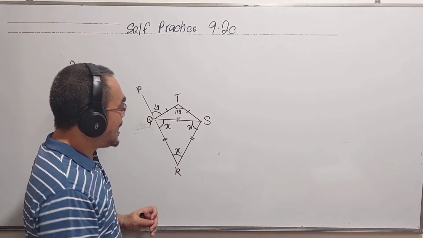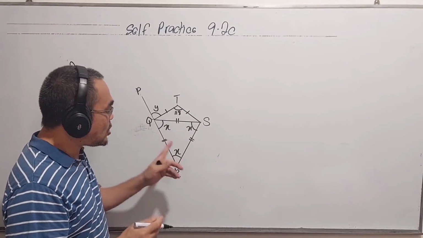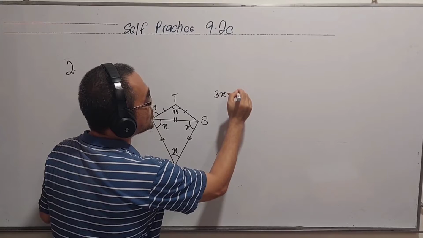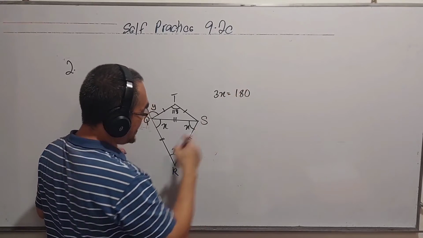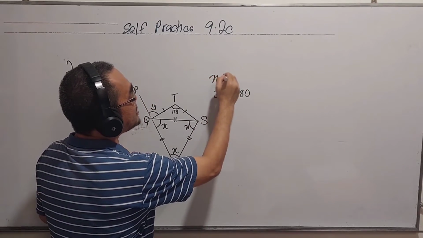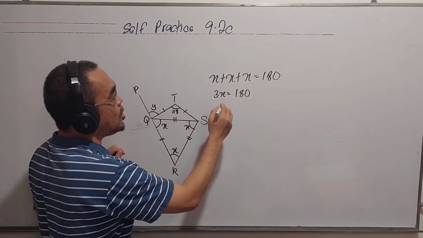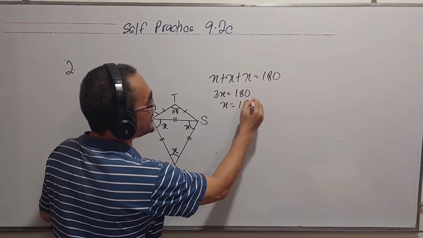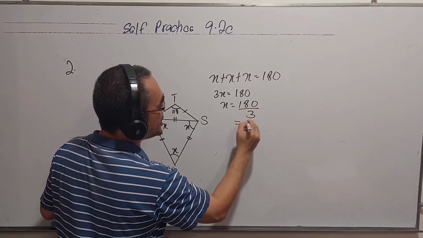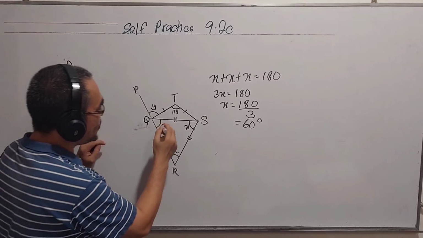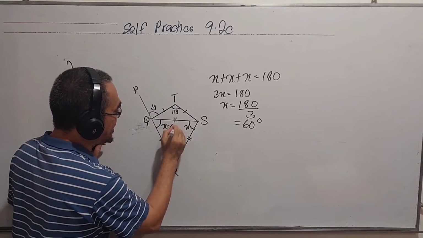The interior angle is always 60 degrees. Why? Because 3x equals 180. So 1x plus 1x plus 1x equals 180. So the value of x will be 180 divided by 3, which is 60 degrees. That is the most important here.